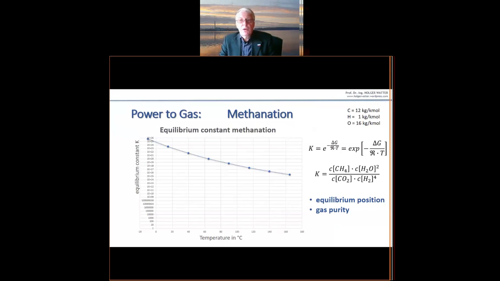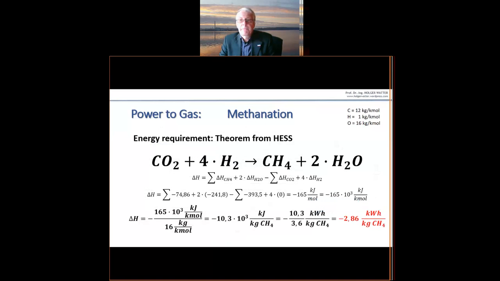Pressure and temperature also determine this gas purity. The energy requirements can be determined according to Hess's law. With the standard enthalpy of formation, it results that at least, theoretically, almost 3 kilowatt-hours of energy per kilogram of methane are required.